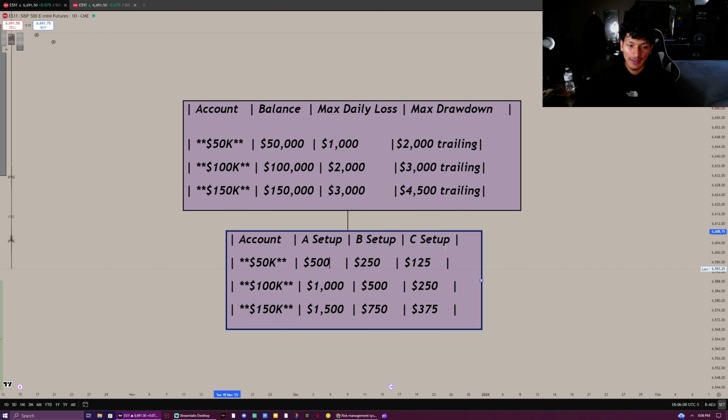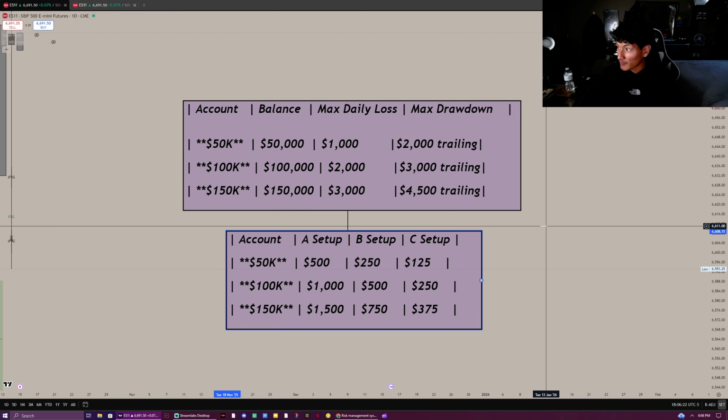But having a risk management system is so important, right? It might seem tedious, it might seem like extra to people, but I promise you, it's about understanding how much exactly the dollar amount I should be risking. It's understanding, okay, this is the most I can lose on this particular scenario.